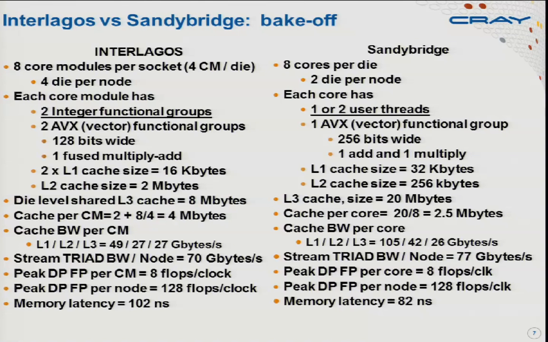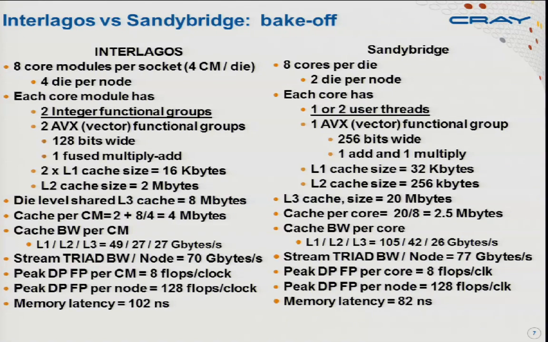L1 cache friendly, I think there's a lot of things that really get a boost on Sandy Bridge. If your code is completely memory bandwidth bound, if we look at the stream triad per node number, so this is both sockets running simultaneously but doing streams to their local memory, it's 70 over here, 77 over here. 10% increase, but not a doubling.